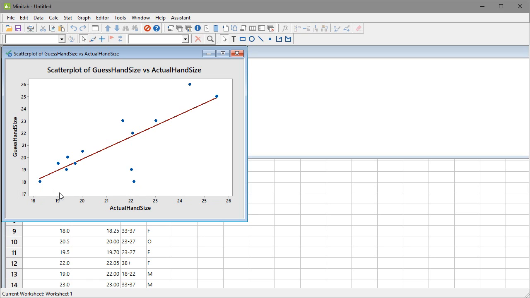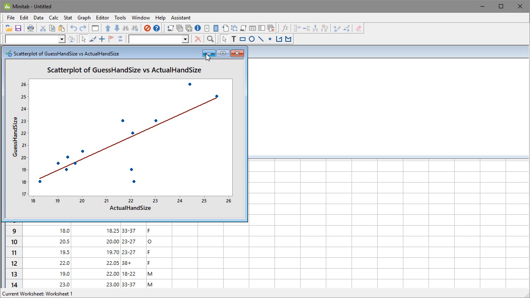Versus this person right here, who guessed 18 and their actual hand size was just a little over 18. So that's pretty cool, right? In general, people did a pretty good job, but there were some outliers over here.